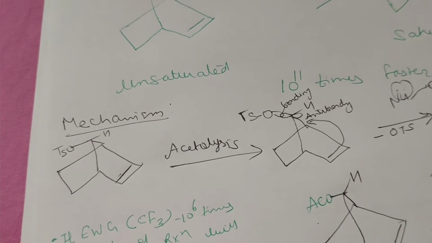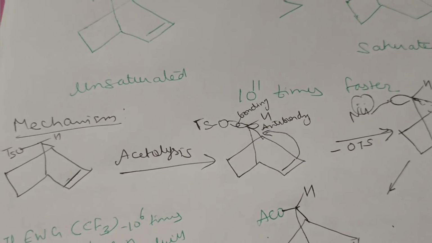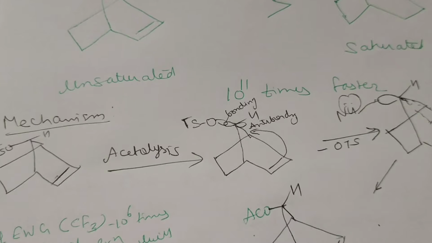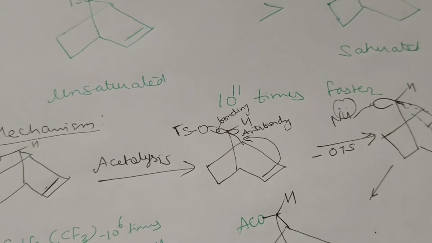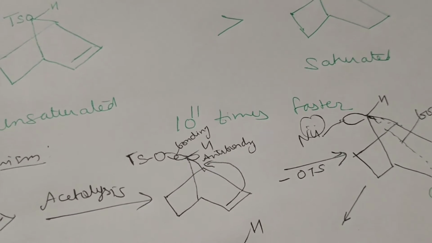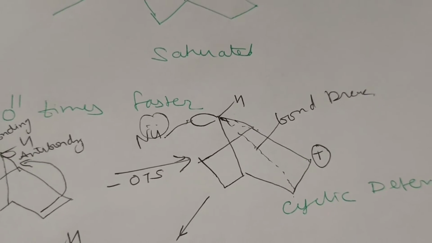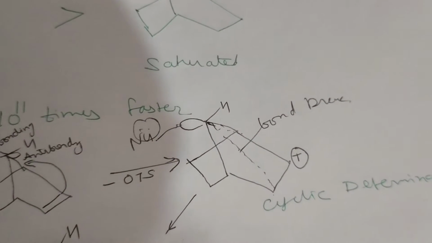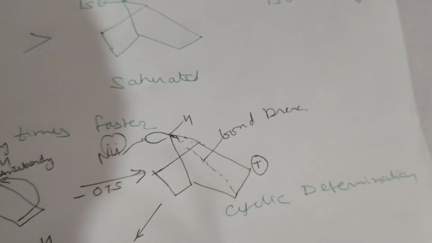In this reaction acetolysis takes place, and here the leaving group bonding electrons will combine with the anti-bonding electrons, and these pi electrons help the tosylate to leave the position. So the tosylate leaves and is eliminated, and finally we get the cyclic product, and this is the intermediate state here.